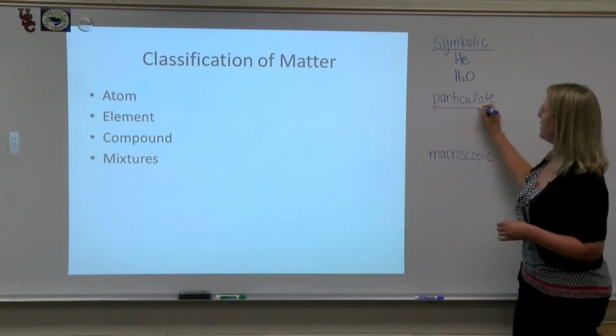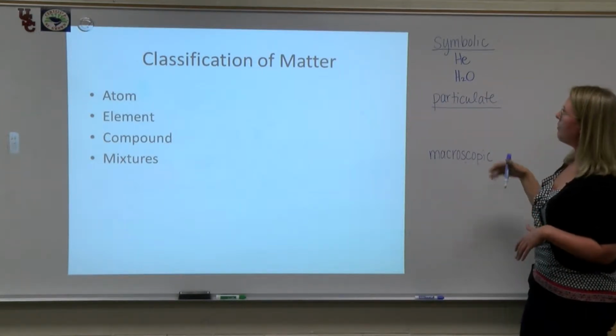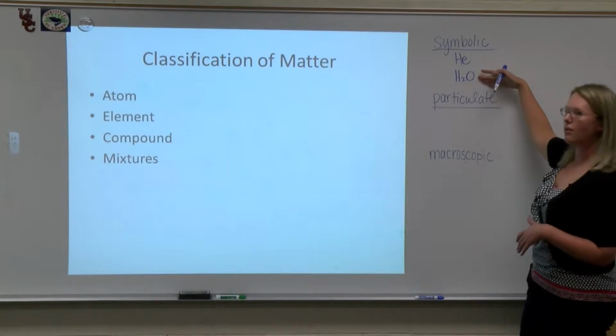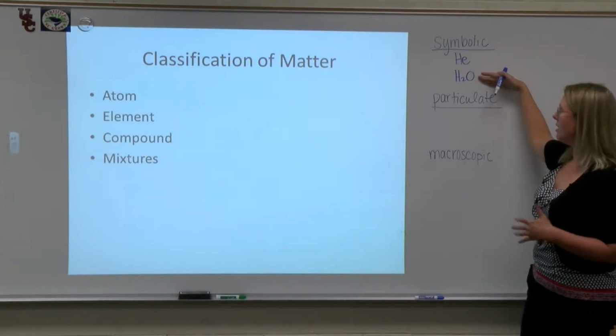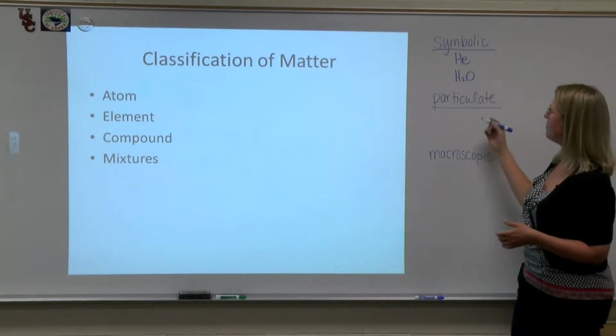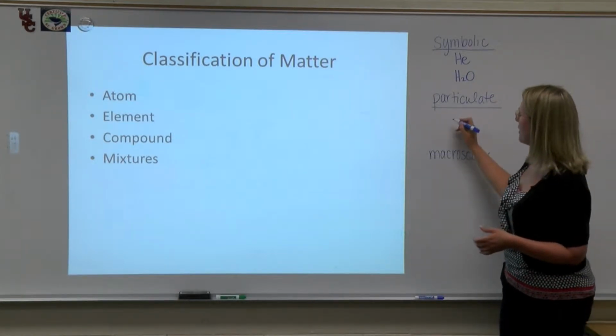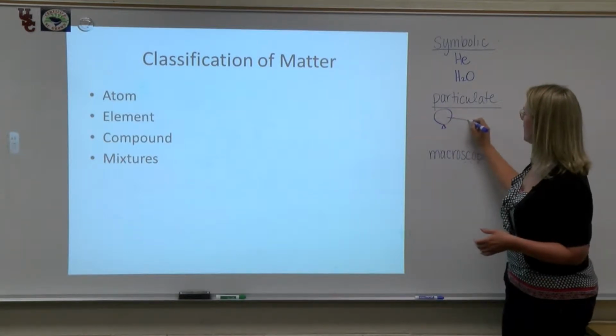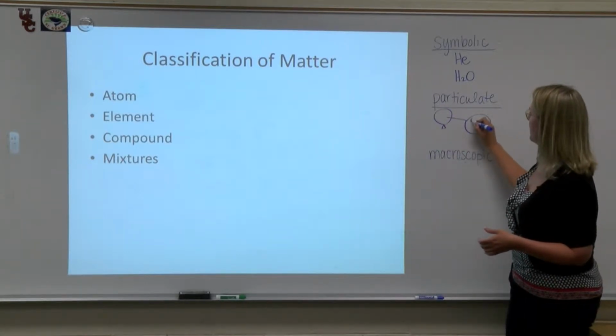At the particulate level, we want to start thinking about what these little particles are doing and what they look like. Typically for the particulate level, we're going to use circles to represent atoms. So for our helium balloon, we might draw something that looks like this.